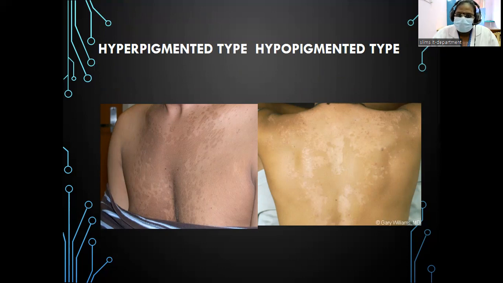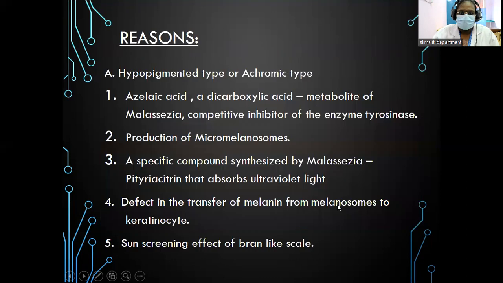The lesions are well-defined hypo- or hyperpigmented macules, with borders as if marked by a pencil, covered with branny scales, like the outer layer of rice.